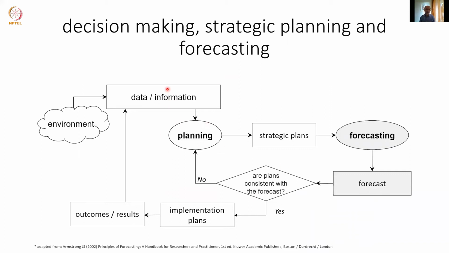We take the data and information from the existing environment, we make our strategic planning, and we make our forecasting, and after that we compare how consistent our plans are with the forecast. And if they are not consistent, we change the planning in order to keep it consistent.